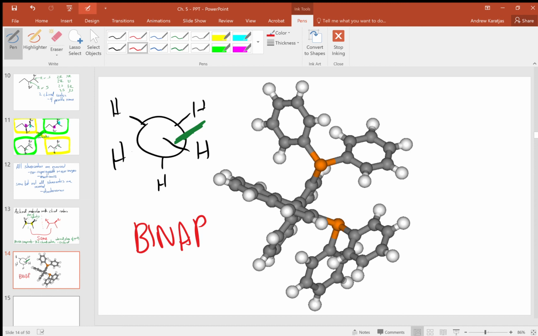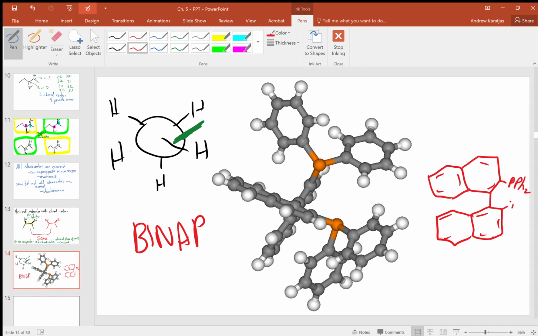Now I'm going to draw the structure of this so you can see better what it looks like. It's because we have these two phosphorus groups with aromatic rings attached to them out here that this molecule adopts the shape it does in this three-dimensional picture. And so because of that, you can actually isolate this as two different conformers, as two separate enantiomers.